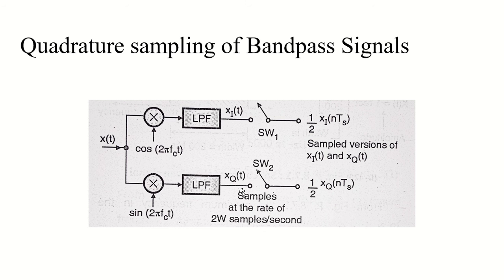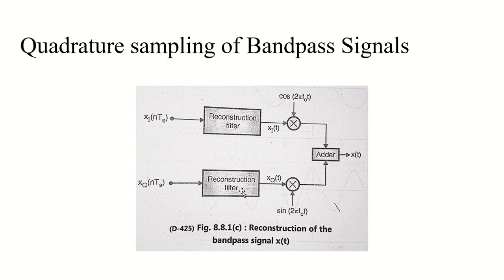Now in order to reconstruct the original bandpass signal from the quadrature sampled version, we first have to reconstruct the in phase component xi of t and the quadrature component xq of t from their respective sampled versions. What were the sampled versions? xi of nTs and xq of nTs. And for that, what do we use? Of course we will use reconstruction filters, which we studied in the previous class.